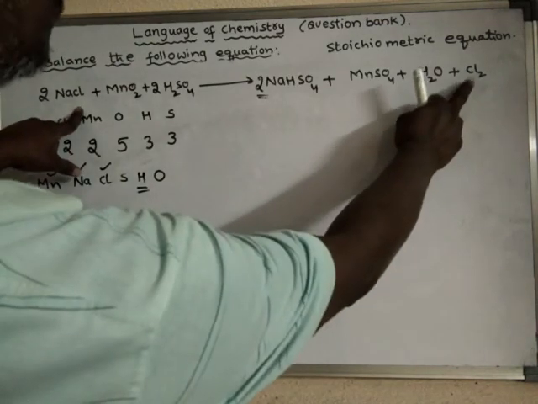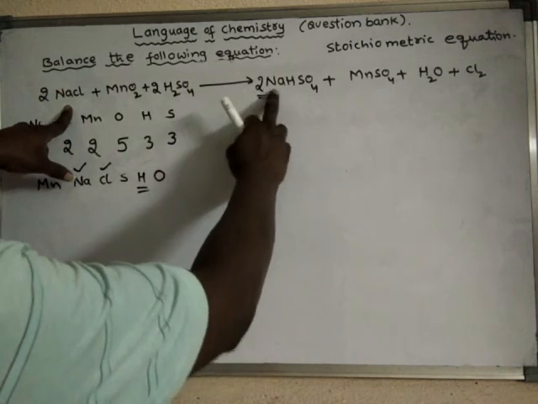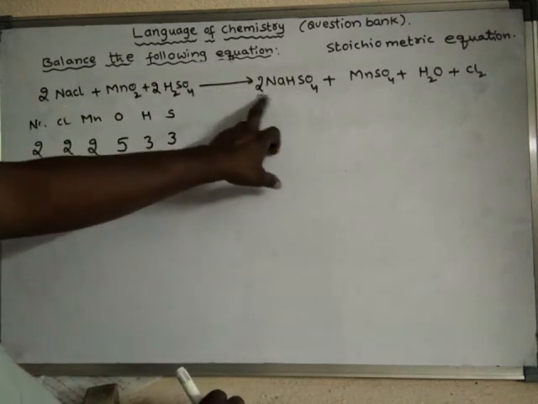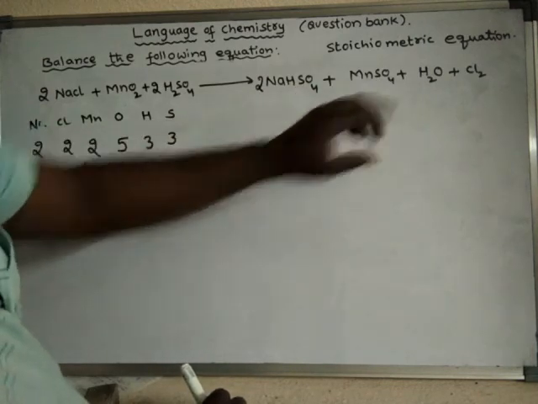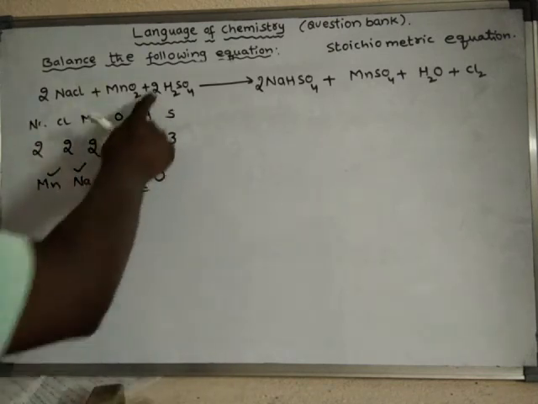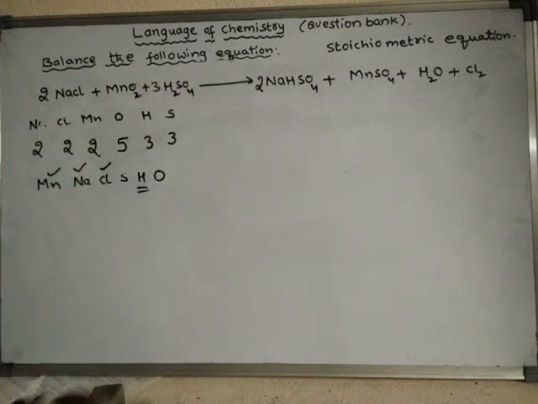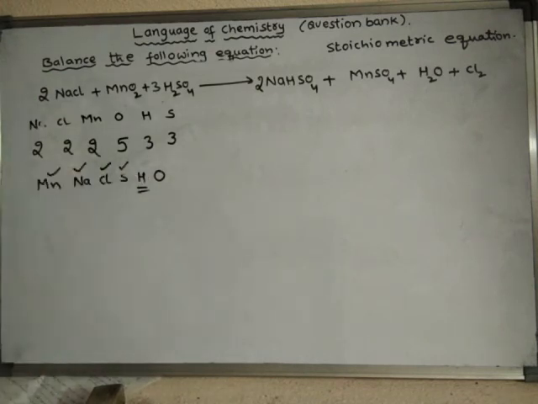Okay, chlorine here, 2 chlorines I kept here, 2 sodiums. Here if I keep 2, even here also 2 sodium. But the number of sulfurs is changing. Here 2 sulfurs, 1 sulfur, third sulfur. Altogether there are 3 sulfurs, but here there are only 2 sulfurs. So I will keep 3 here. Now sulfurs are balanced. After chlorine, sulfur is also balanced.